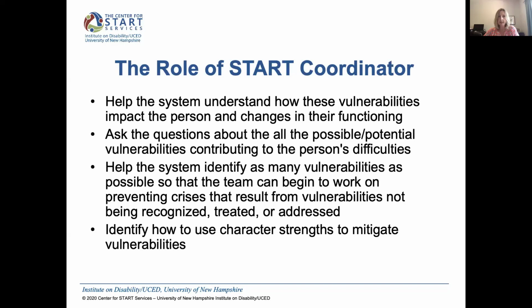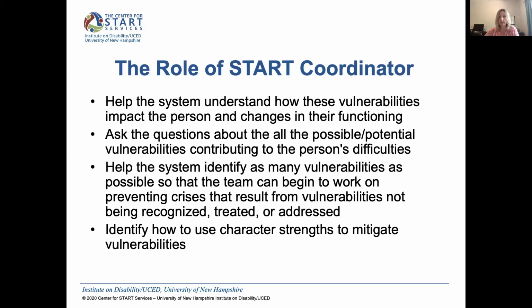We want to understand how that person's trauma history impacts what's happening today. We want to understand how maybe something that happened yesterday that didn't go so well with a friend is impacting that person today.